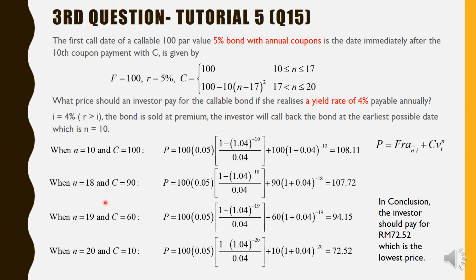After I calculated, when n equals 18, C equals 90, the value we get is 107.72. When n equals 19, C equals 60, we get 94.15. And lastly, n equals 20, C equals 10, we get 72.52. So in conclusion, the investor should pay 72.52, which is the lowest price among these four prices.